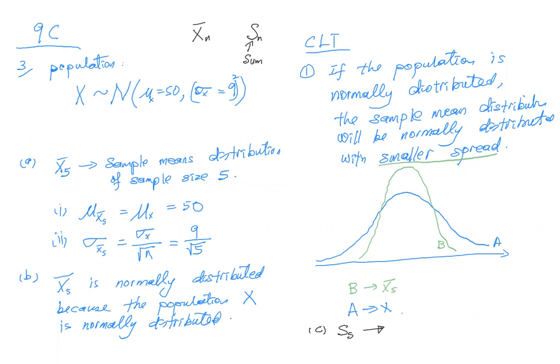Are you clear? So S5 is called the sum of the sample of size 5. You have to get this right. If not, you're going to feel very lost.